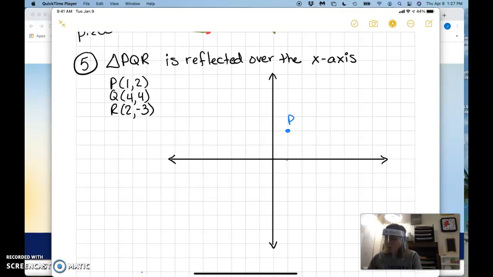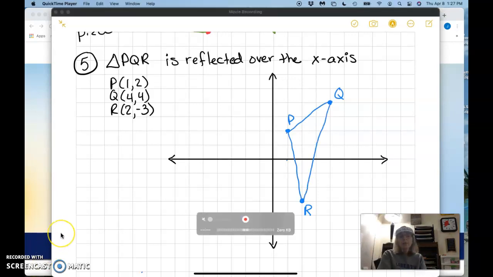I'm going to go over 4 and up 4. And I'm going to go over 2 and down 3. So let me try to connect these dots now. Here's my triangle PQR. And that looks kind of shaky, but that's okay.